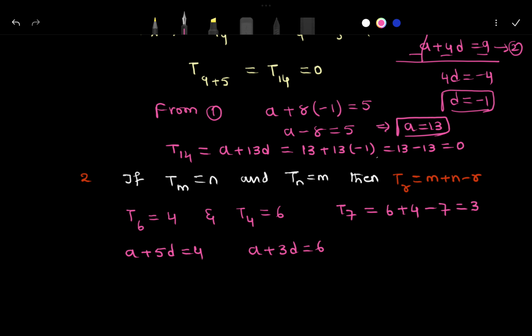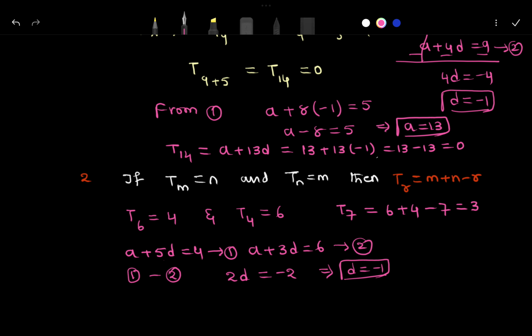Now, solving, take 1 minus 2. A and A are cancelled. 5D minus 3D equals 2D, which equals 4 minus 6, that is minus 2. From this, D equals minus 1. So you got the D value.